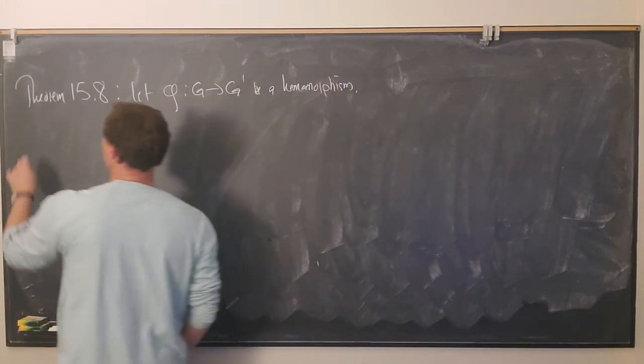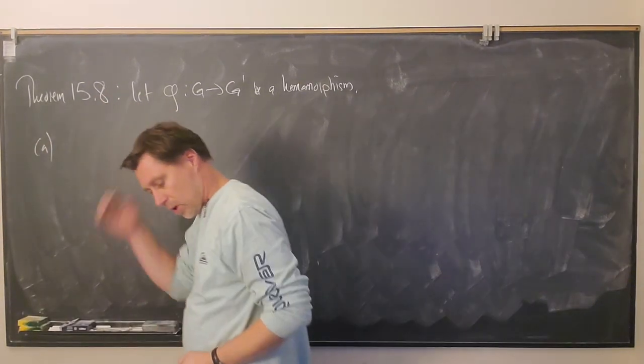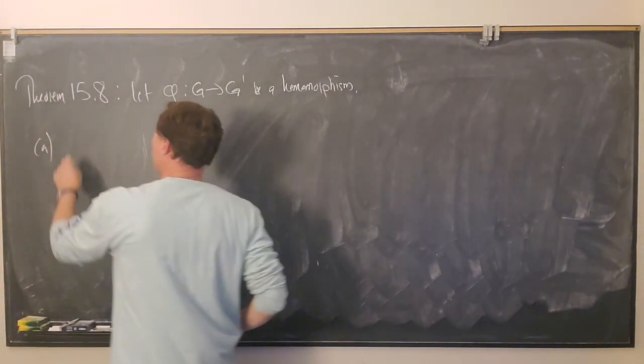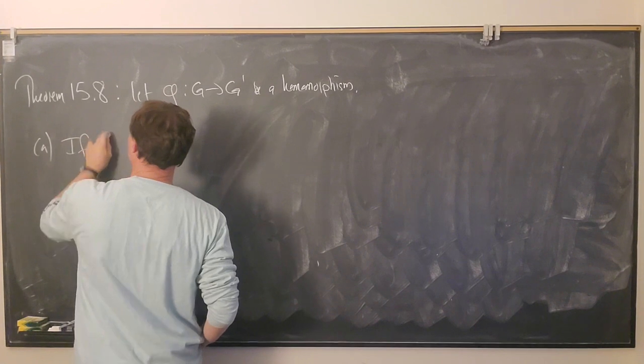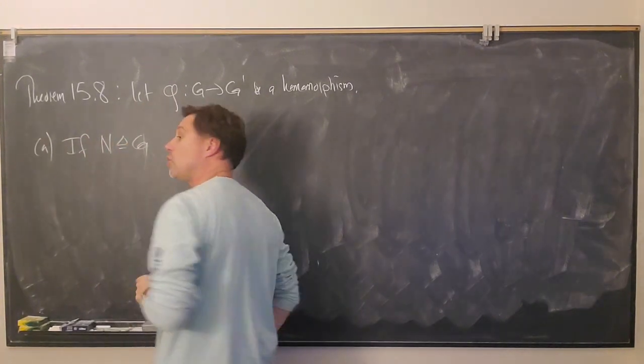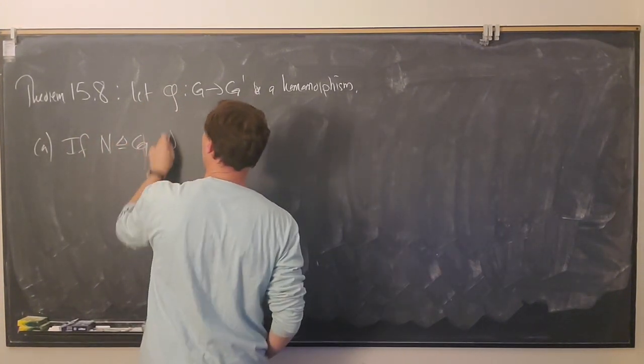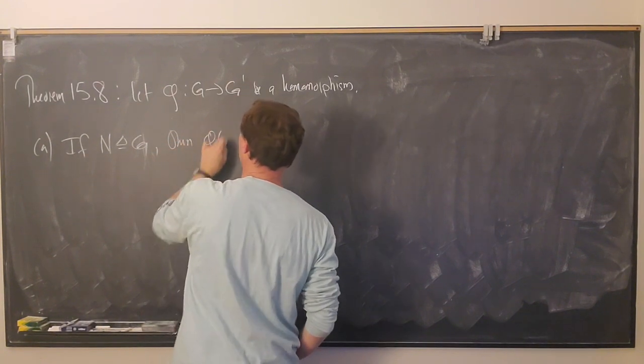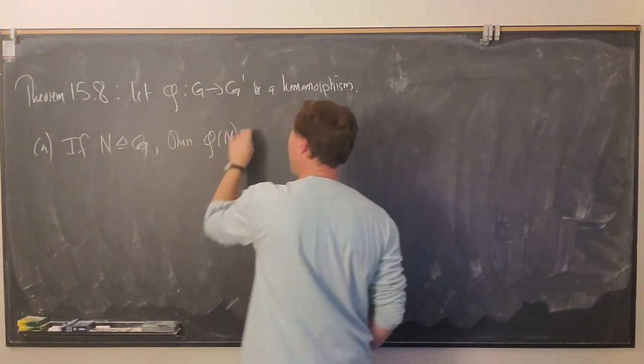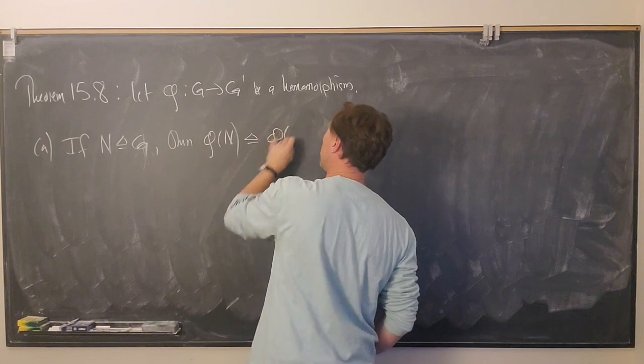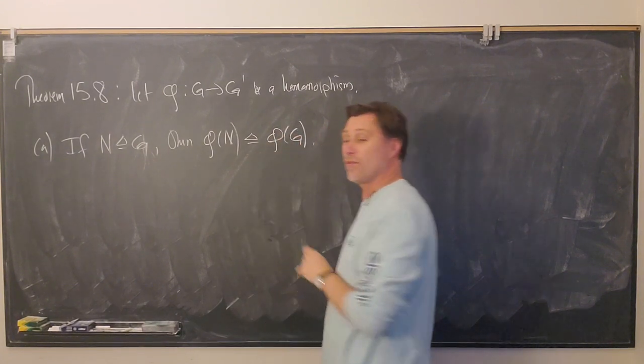Two parts. The first part, if we start off with a normal subgroup of the domain, so if N is a normal subgroup of G, right, then phi of N, the image of N, is a normal subgroup of the image of phi.